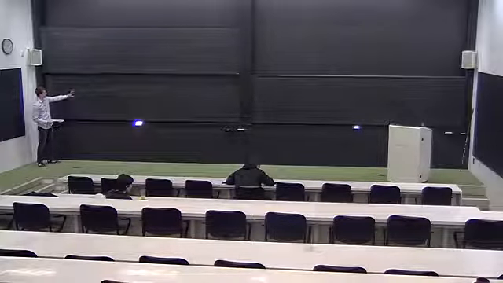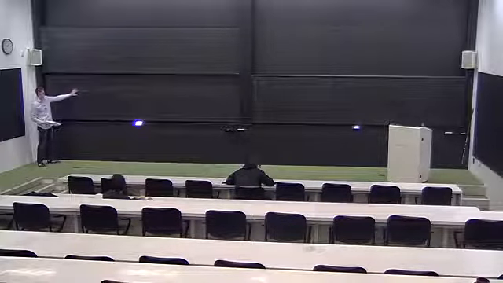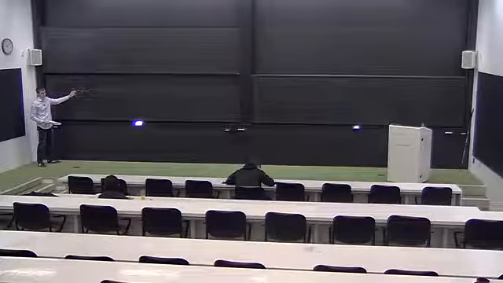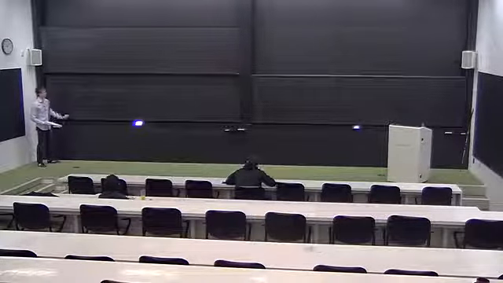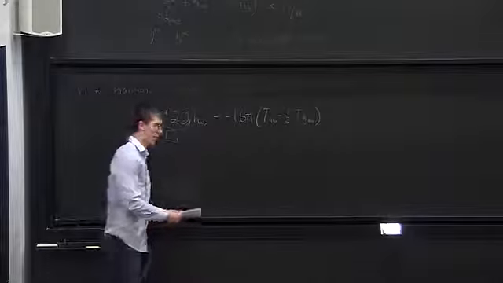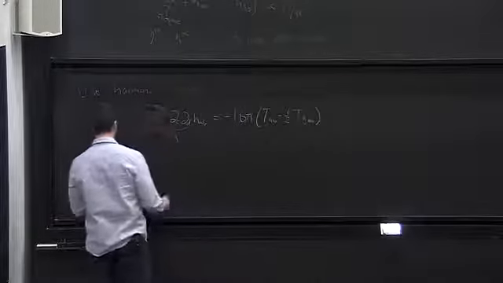Yeah, and so you'll recall that to derive this equation, we're using the trace reverse form of the Einstein equations. So we can also trace reverse this back, in which case we get the following.